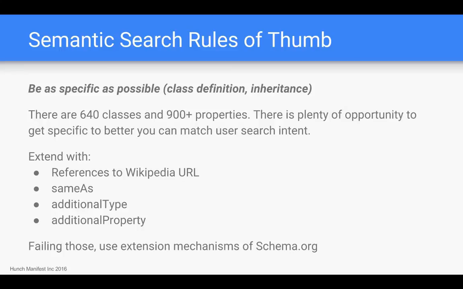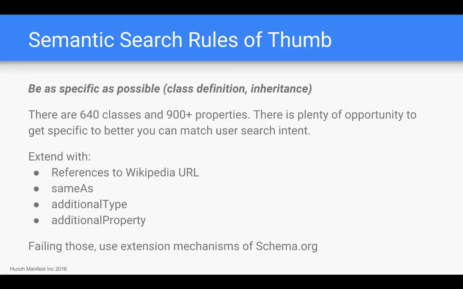You can extend if you're not getting a clear declaration of the class. There's a few different tricks, or not tricks, but methods which you can use. And this includes making references to Wikipedia or Wikidata. So you can say that a page is the same as Wikipedia, or it's talking about some concept at Wikipedia.